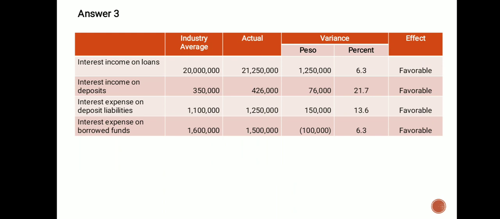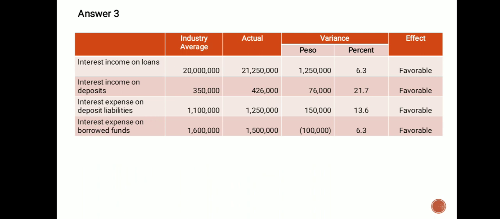And for interest expense on deposit liabilities, there is an increase of 150,000 or equivalent to 13.6%. That is favorable. And then for interest expense on borrowed funds, so there is 100,000 decrease or equivalent to 6.3%, and that is favorable.